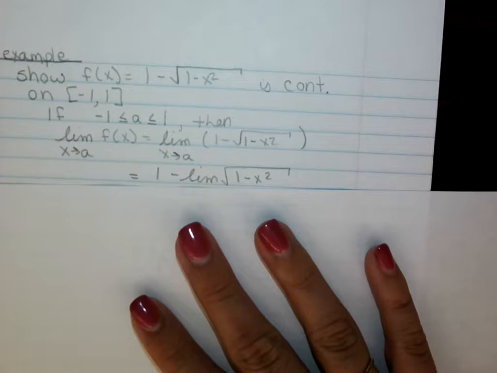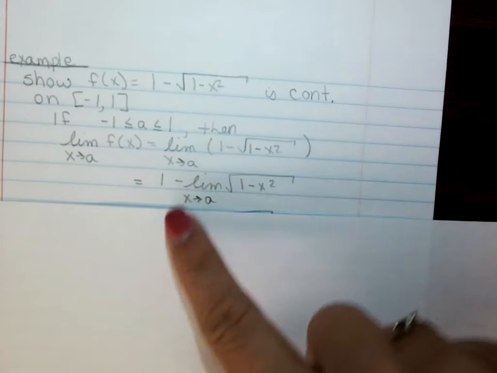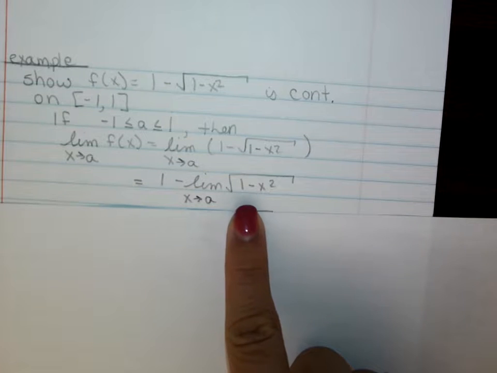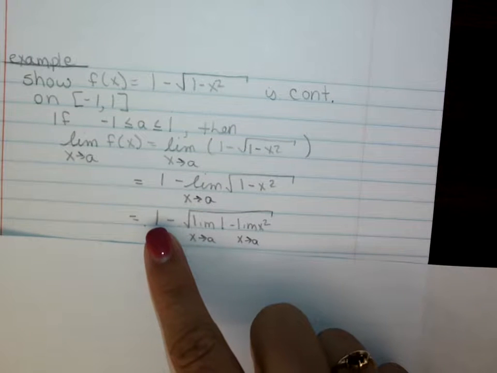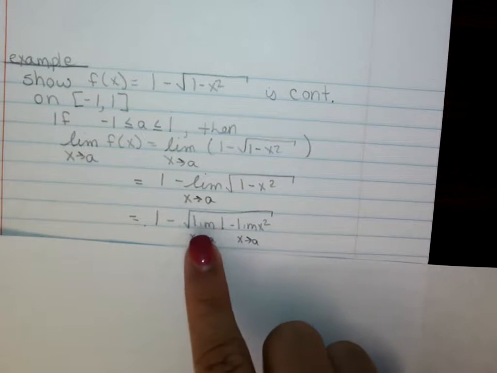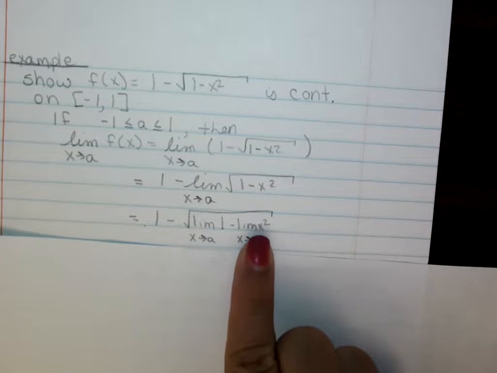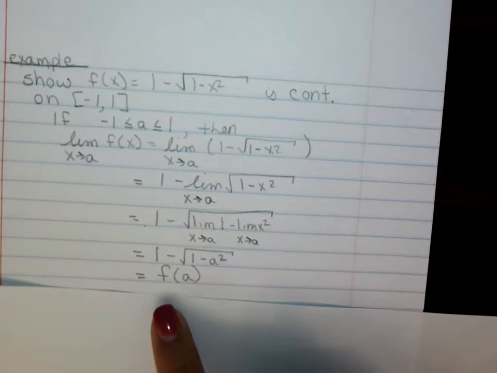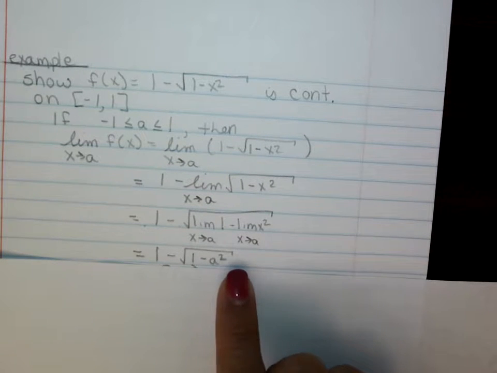We're going to use our limit laws, and we're going to say, okay, well, that could be said when I take the limit, I'm going to get 1 minus the limit as x approaches a of the square root of 1 minus x squared, okay, which is equivalent to 1 minus the square root of the limit as x approaches a of 1 minus the limit as x approaches a of x squared, which is 1 minus the square root of 1 minus a squared.